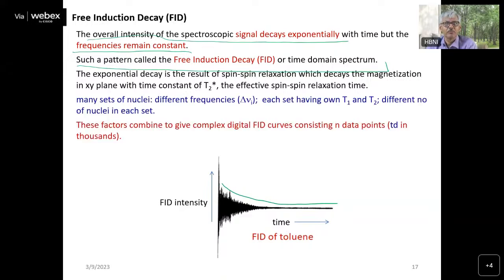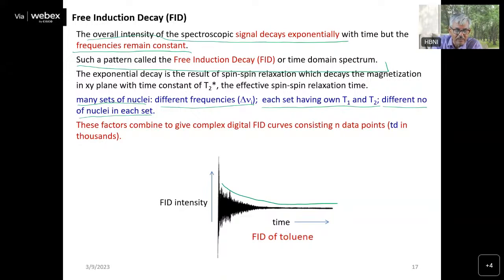Now in a sample you will have many sets of nuclei, having different frequencies, and each set having their own T1 and T2. And in each set there will be a different number of nuclei.